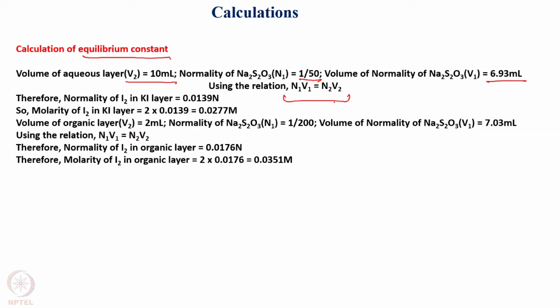Again, using the normality equation, we will be calculating the normality of iodine in the KI layer, which turns out to be this, and then the molarity is given by twice this value, which is 0.0277 molar. Then after the titration of organic layer, which was 2 ml, and again using the normality equation, we can obtain the normality of iodine in the organic layer and then the molarity.